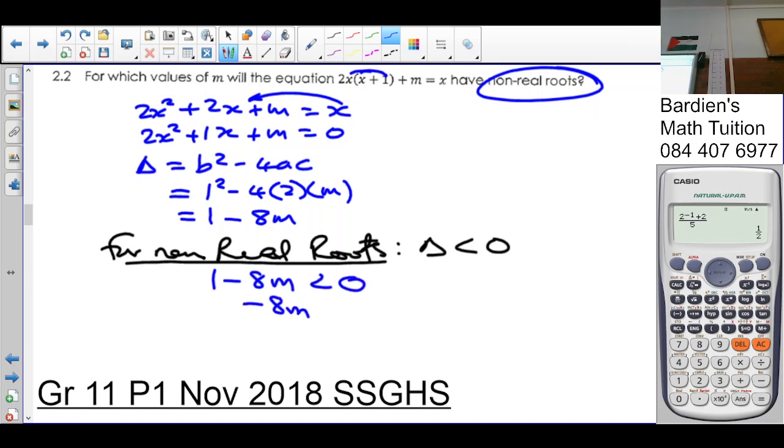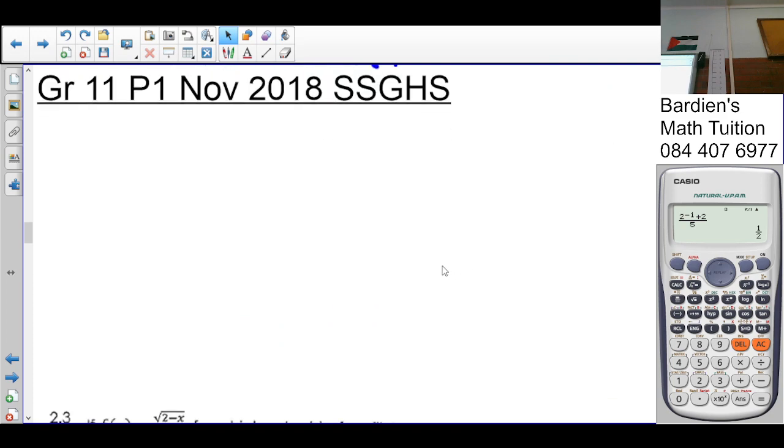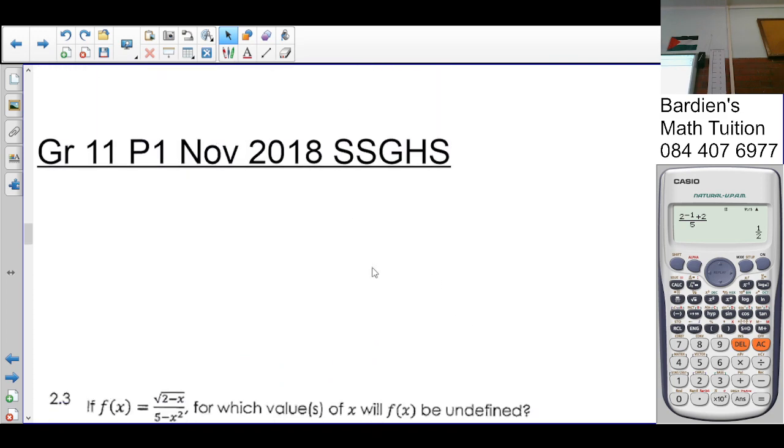So negative 8m has to be less than negative 1. How do I get m on its own? Divide by negative 8 both sides. What's going to happen if you divide an inequality by a negative? Swap around. Okay? Any confusion there?